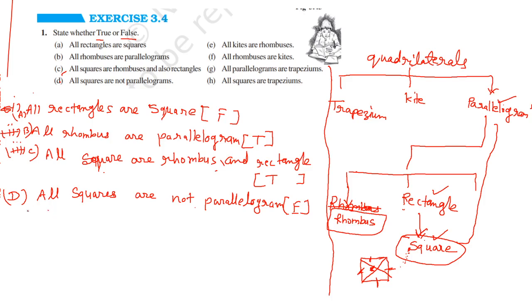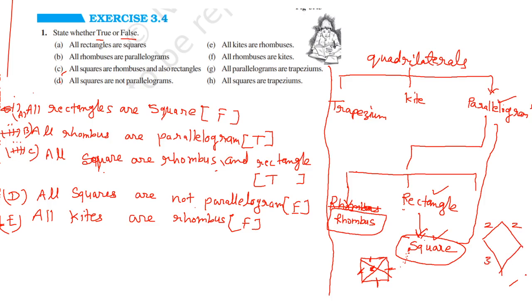Now E. All kites are rhombus. This is false because when we draw a kite, in which two distinct pairs of adjacent sides are of equal length, here you can see this is a kite.